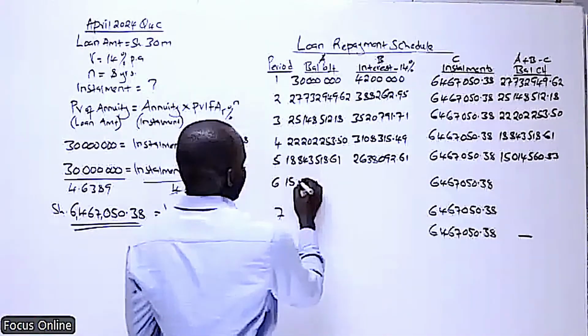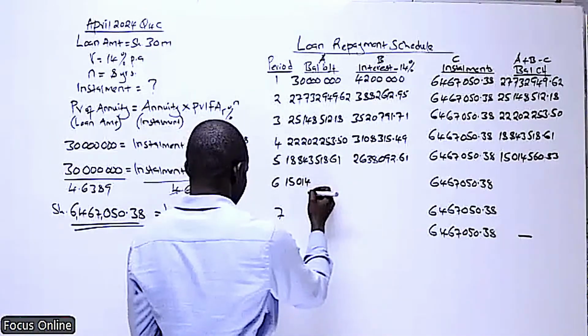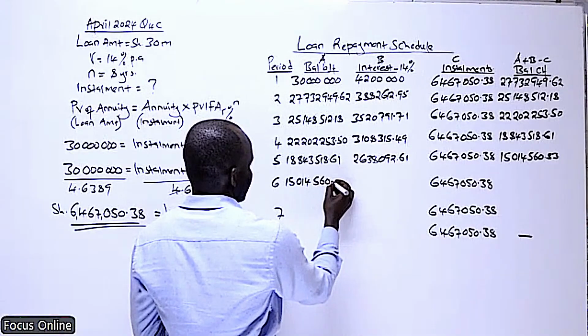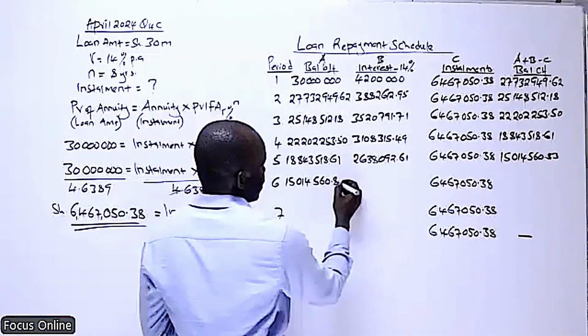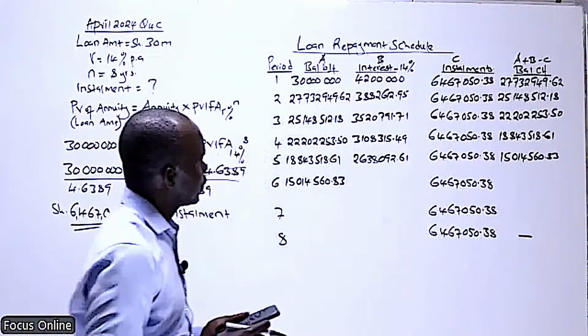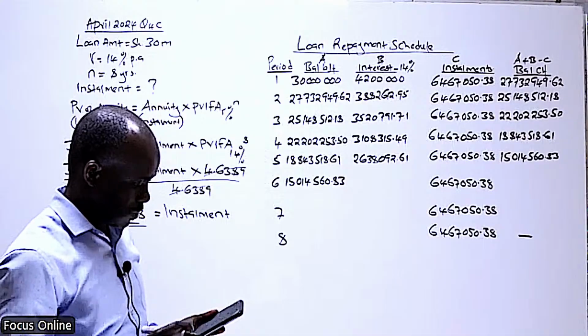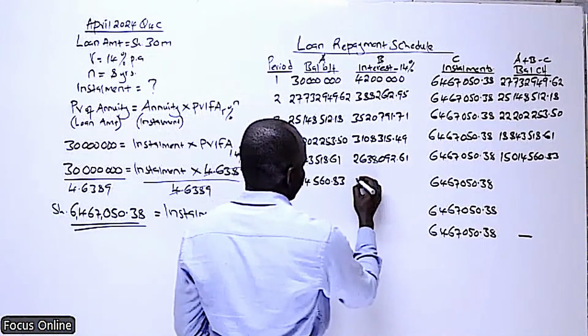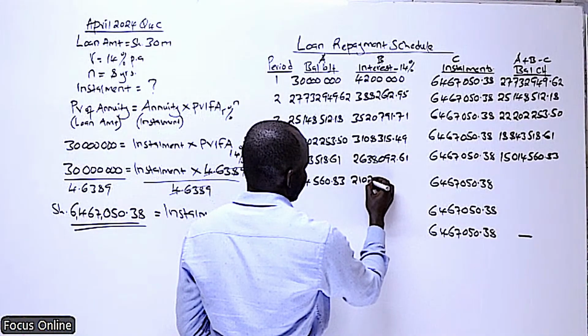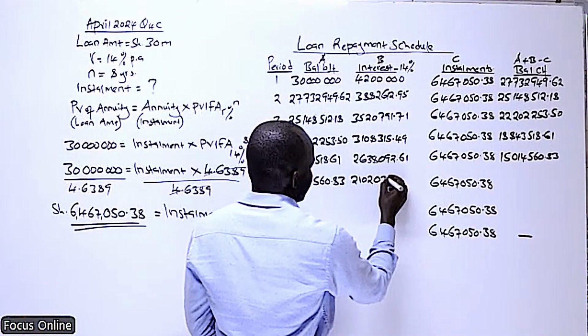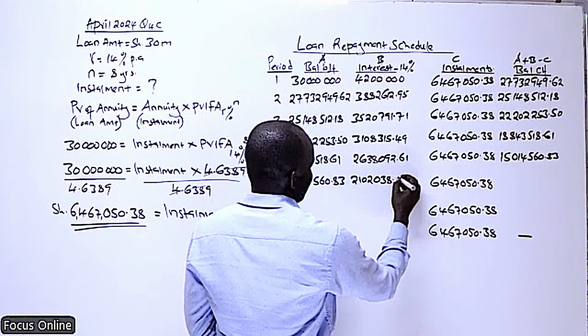15,014,560.83. Then we charge interest: 2,102,038.52.